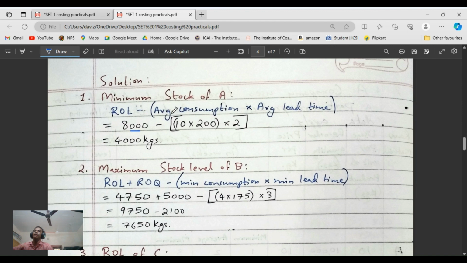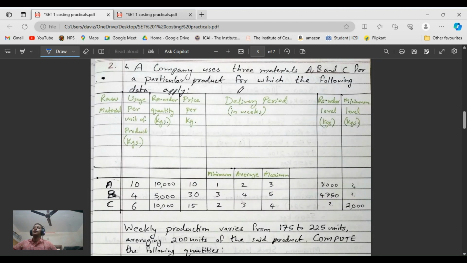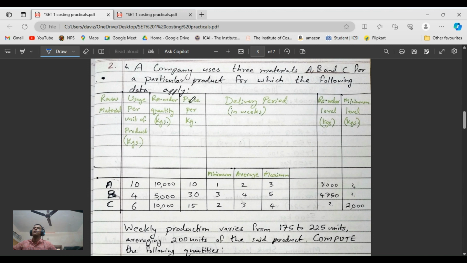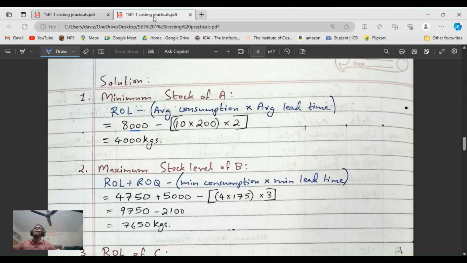Then minus average consumption into average lead time. We are finding out the minimum stock of A. What is the average consumption of A? Average consumption is 10. So 10 into what is the average lead time?